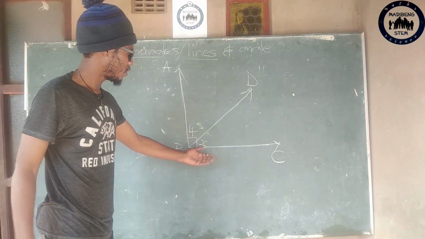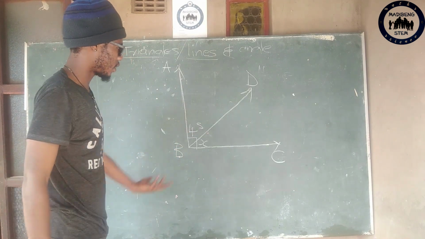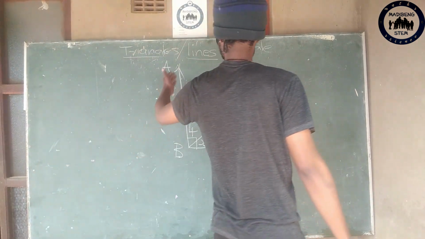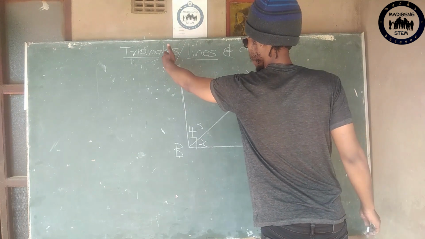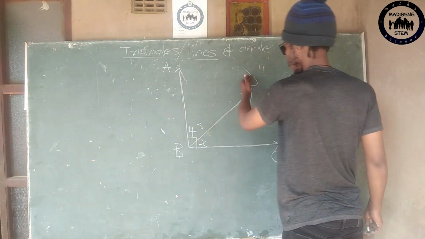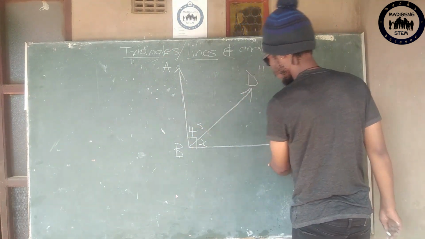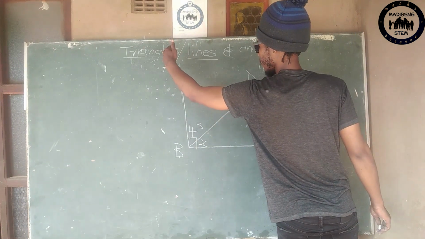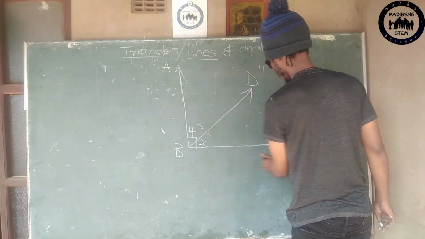So how are we going to find X in this case? First thing, you have to know that angle ABD plus angle DBC is equal to angle ABC.